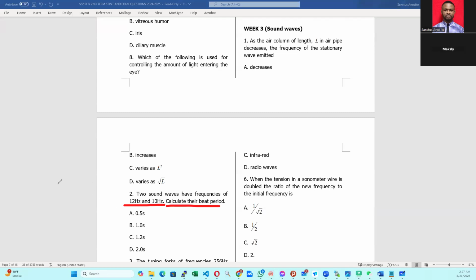You just find the beat frequency. You subtract 12 minus 10. Sylvester, are you following? Yes. That's 2 hertz. Then the beat period is 1 over f, which is 1 over 2. And 1 over 2 is 0.5.